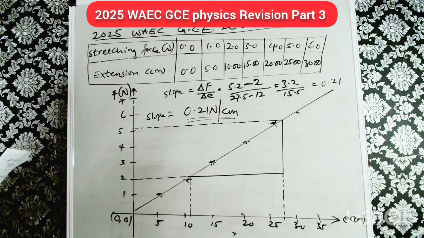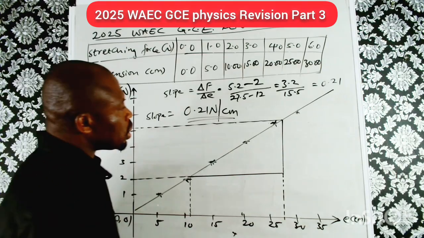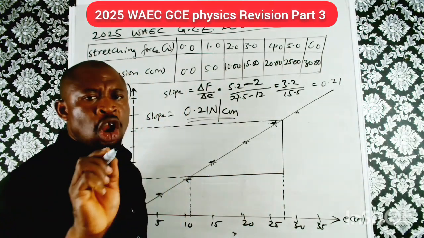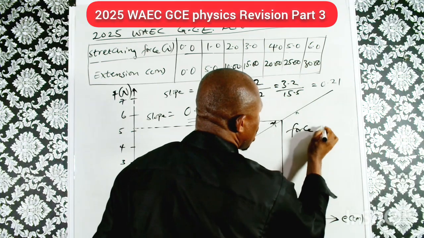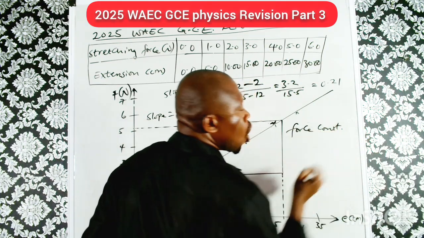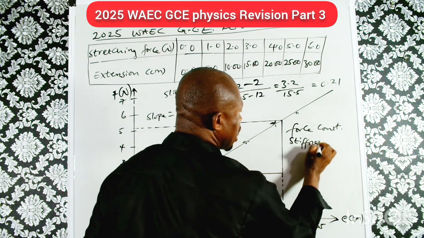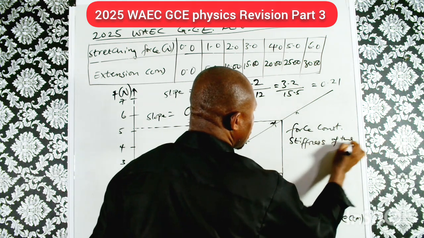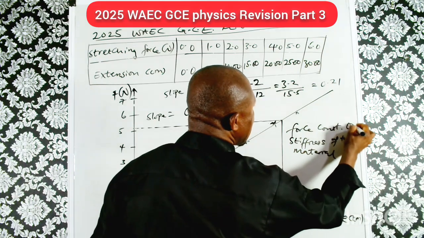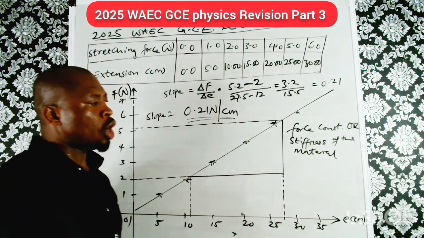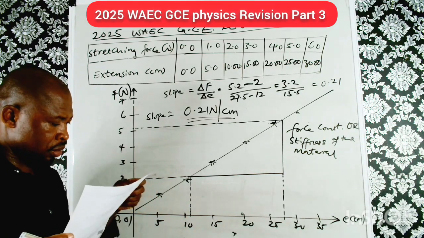Now, the slope, of course, represents the force constant, or stiffness. You can say it represents the stiffness of the material. Either force constant or the stiffness of the material.